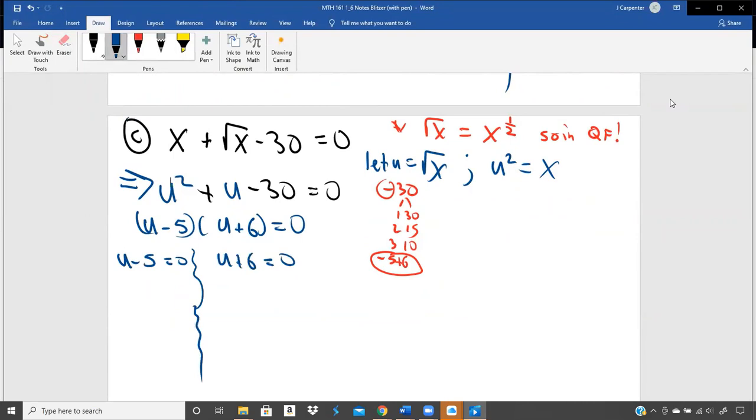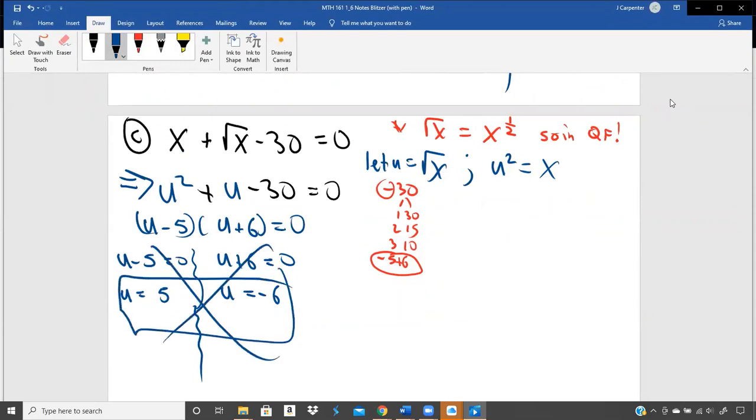Add 5 to both sides of the first one, you get u equals 5. Subtract 6 on both sides of the second, and you get u equals negative 6. And then somebody boxes these up and ships them out, and they're wrong, wrong, wrong. Because this is in yen or pesos or whatever currency you like, rubles. We got to go back.